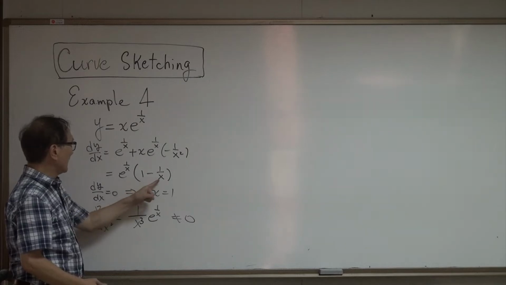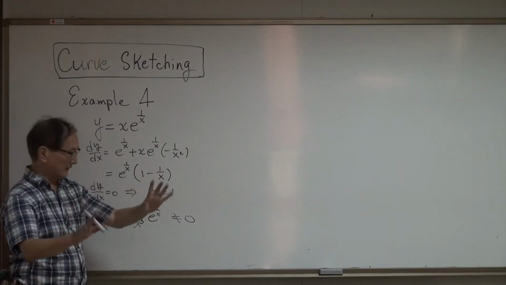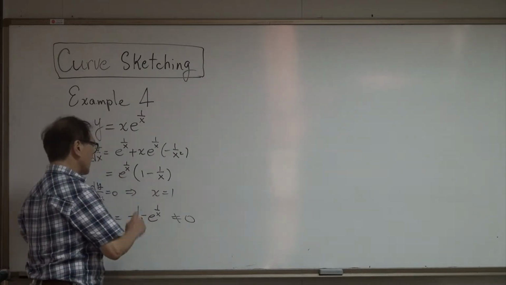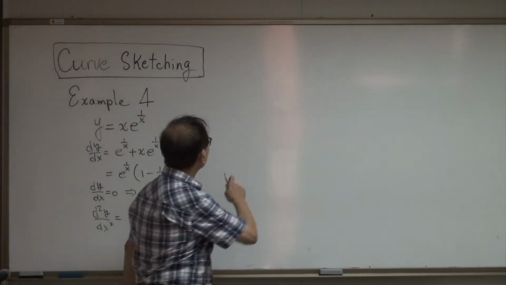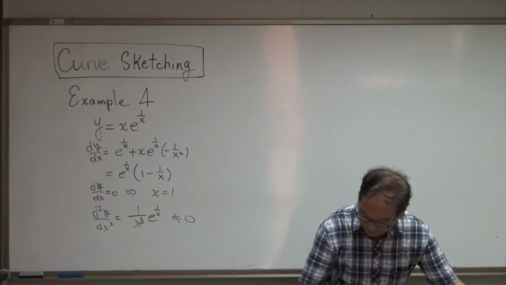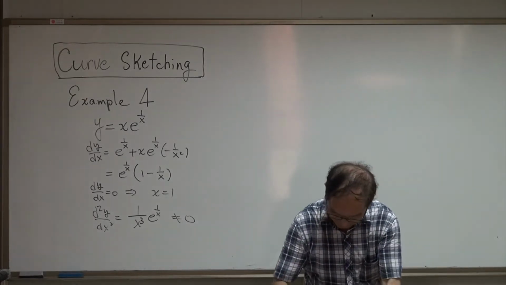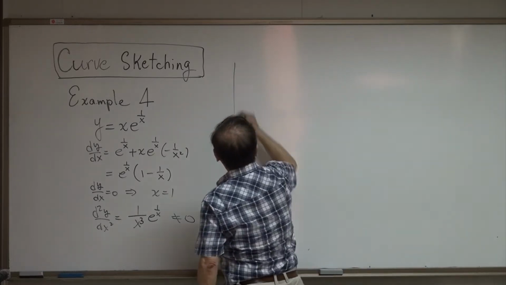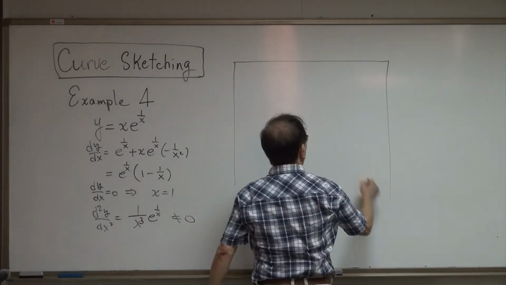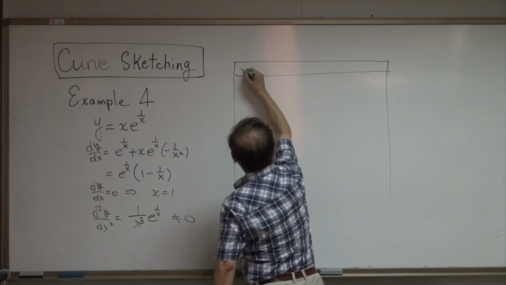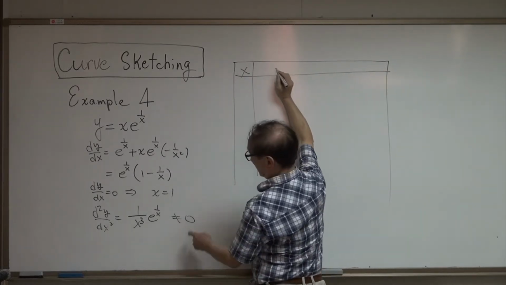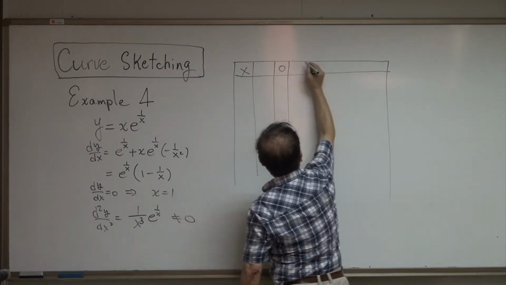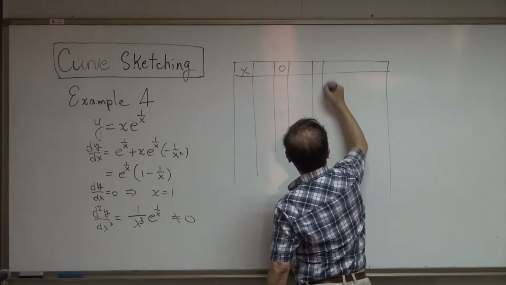In this one, x equals 0 is not defined. Here, x equals 0 is not defined. Therefore, x equals 0 is worth discussing. Let me draw the table. So we have two points. One point is 0, right? And the other point is 1.